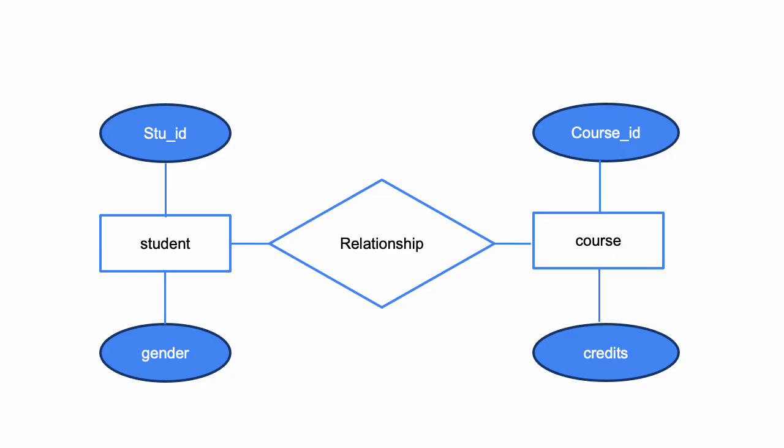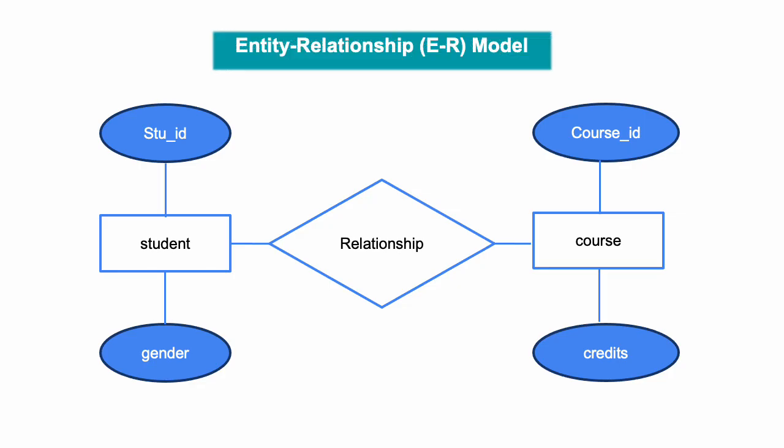As we can see here in the picture, we are seeing entities and relationships. So this one is called the entity relationship models. So this one is called the ER model, entity relationship model. Let's move to the next example.